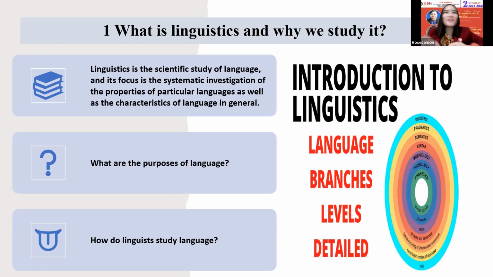Let me try, Professor. In my opinion, regarding the purposes of language, we are Thai people who study English as a foreign language right now. When we learn a language, we can imitate or copy the sounds and how to pronounce them, and we have to get the meaning of the words.